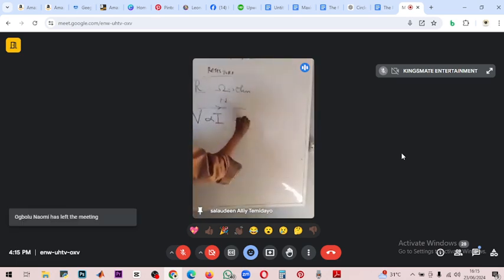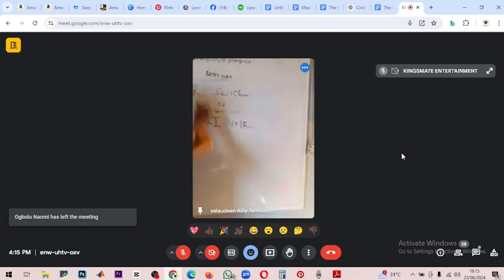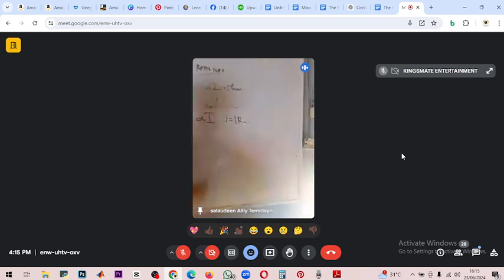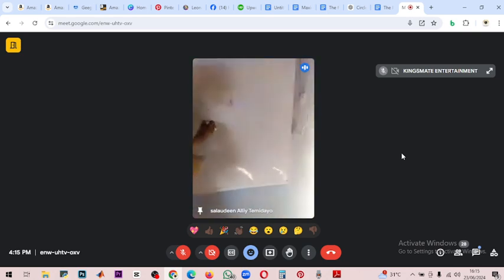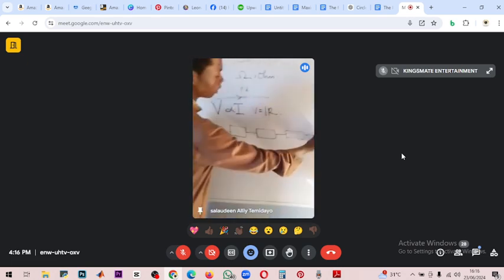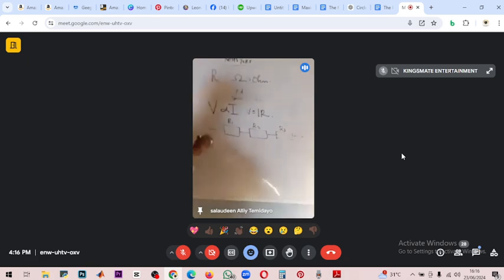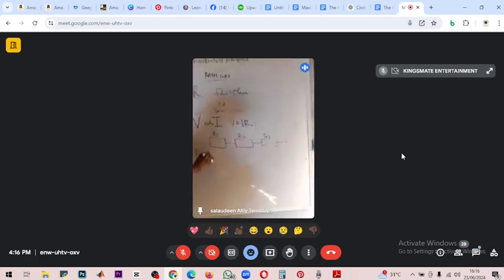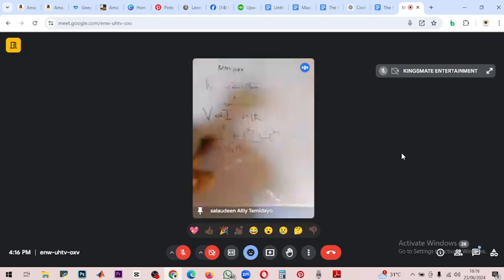So this is now written as V equals I R, where R is the constant of proportionality and R is known as the resistor. If we have resistors arranged in series like this, R1, R2, R3, then the total resistance R total is R1 plus R2 plus R3.